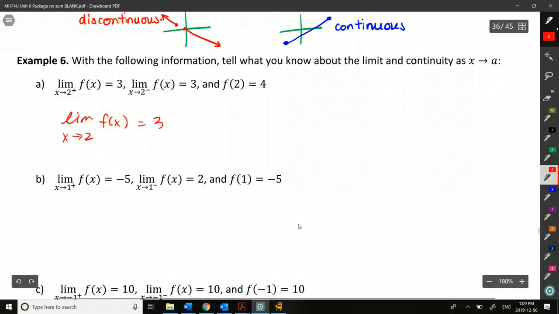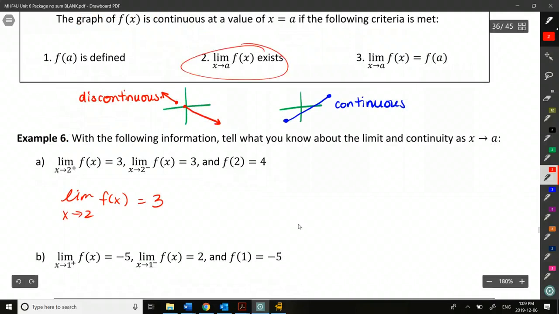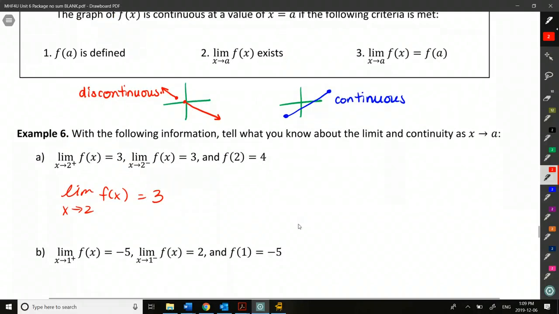3. Okay, so it exists and it's equal to 3. Condition 2 is met. It exists. Perfect. Is f at 2 defined? Yeah. If it equals 4, it's defined, right? That's acceptable. Okay, so condition 1 is met. Is the limit as x approaches 2 of f at x equal to f at 2? That is the question.